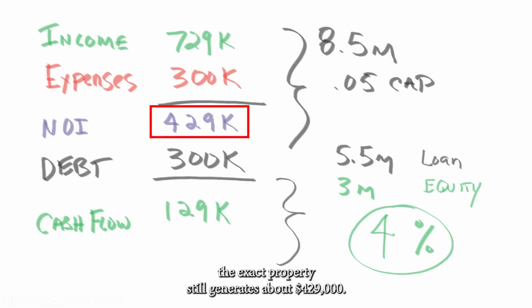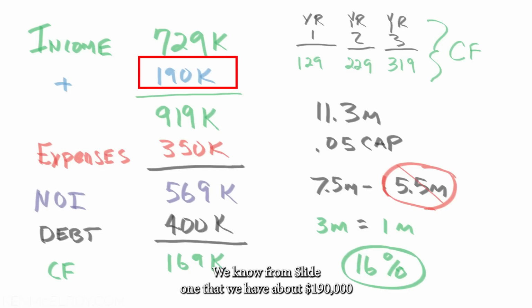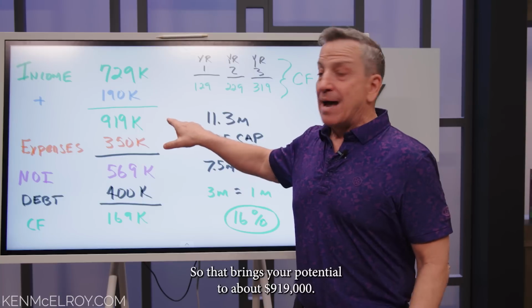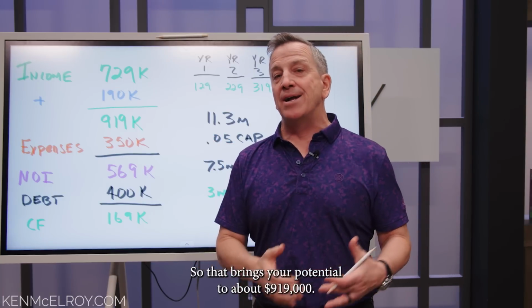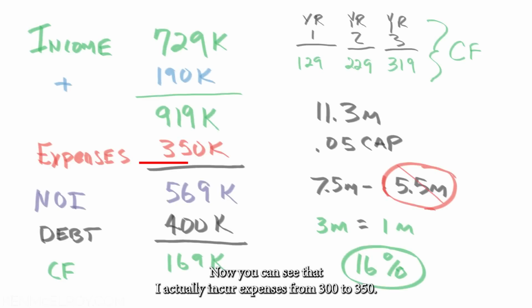The exact property still generates about $429,000. We know from slide 1 that we have about $190,000 value add sitting in the rent roll, as shown earlier in this video. So that brings your potential to about $919,000. Now you can see that I actually increased the expenses from $300 to $350.